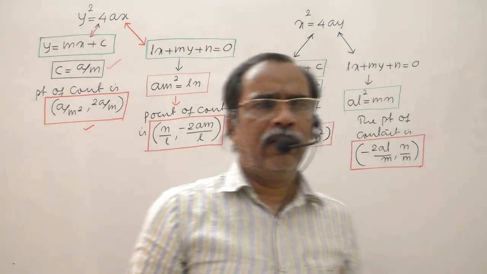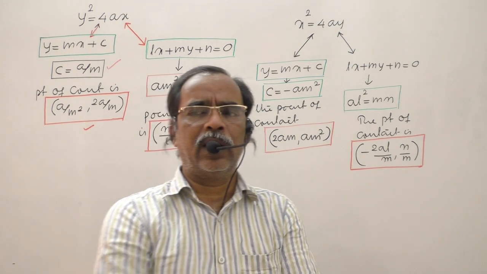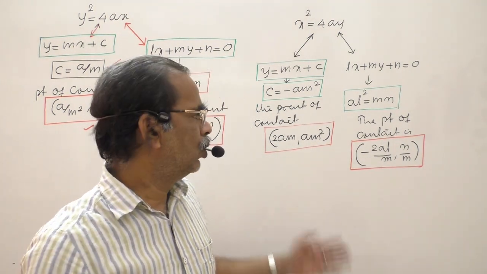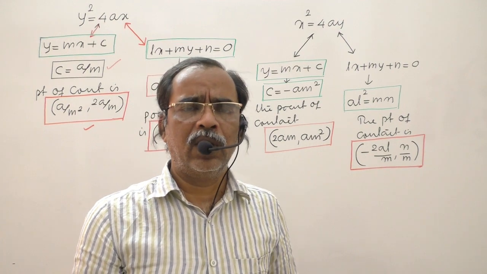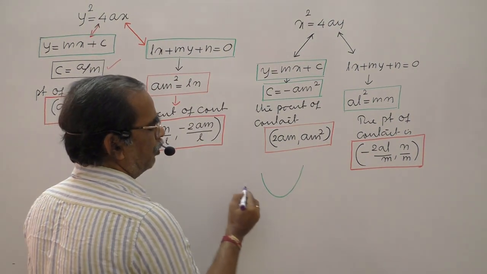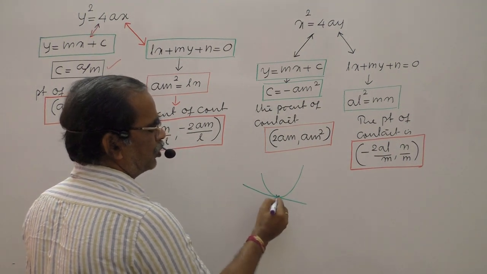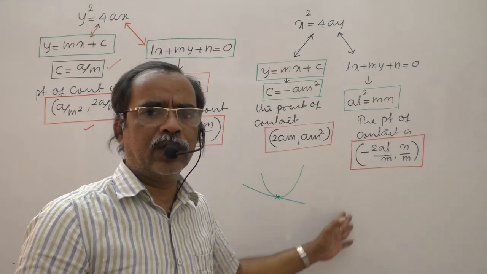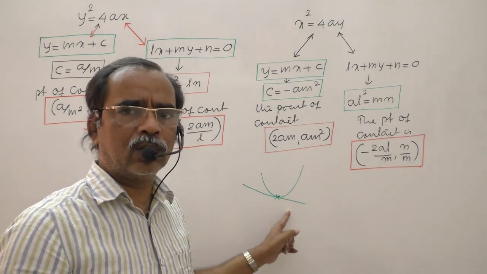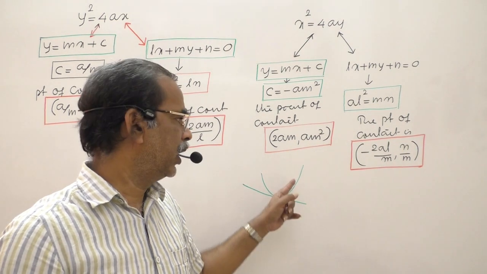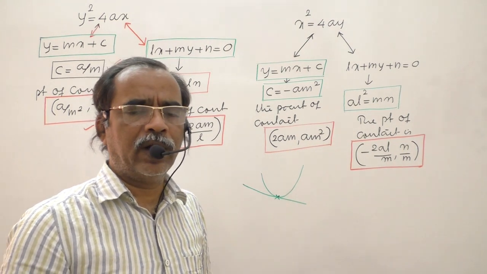Whenever the point of contact is required, especially in objective, if you do not remember this, what to do? If you are asked the point of contact of a parabola and a line, options will be there. There will be 4 options. Take one option, take either the curve or the line, and verify.